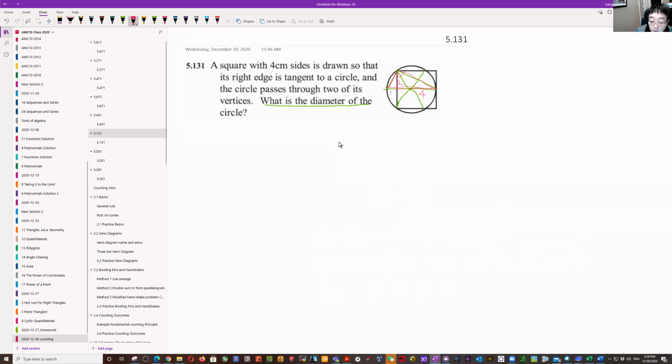So this is 1 and 2, because this is 2, 4 and 1, 2. So given this information, we can see that the diameter is just 1 plus 4 equals 5. So you will be able to solve this problem easily using the similar triangles.